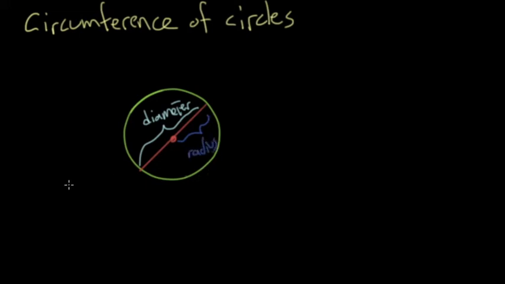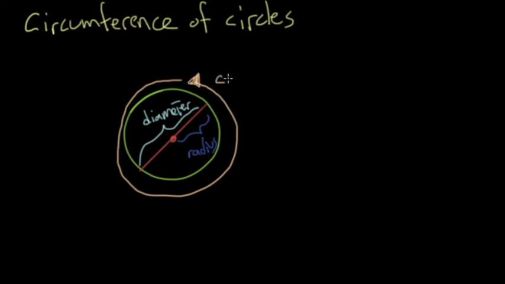And if I was going to go all the way around the circle, we call that the circumference. I like to shorten it to circ, circ for short because I'm lazy. You want to think about it in kids' terms. It's like the perimeter, but basically for circles.